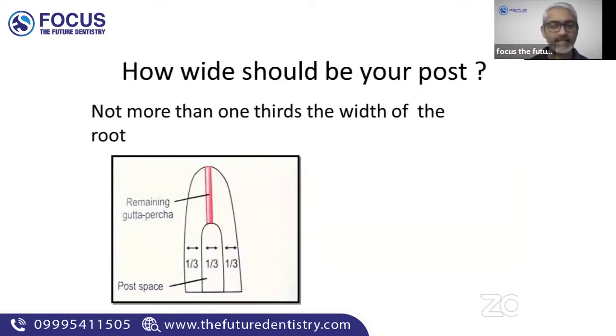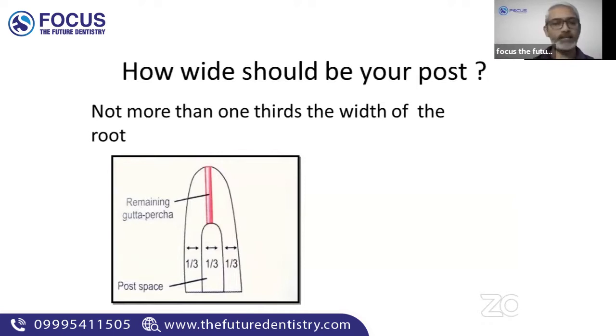If the patient has a CBCT which is taken for some other reason, then definitely that CBCT can be used to see the width of the canal and the width of the root. And you can plan like this, not more than 1/3 the width of the root. If the root is 9 millimeter wide, your post should not be more than 3 millimeter.